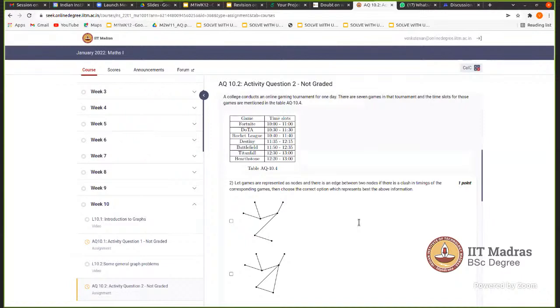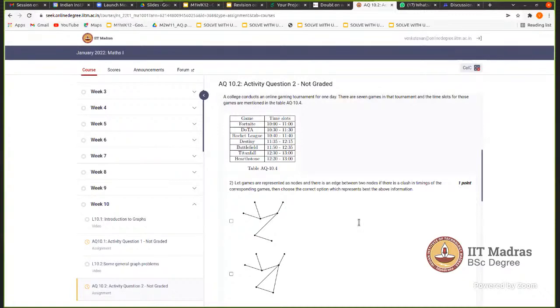Like this, you label all the 7 vertices with the names of the games. Now draw edges if the time slots clash. Draw an edge between those two vertices. There will be an edge from Fortnite to Dota, as well as from Dota to Rocket League. I understood how you have to draw the graph.